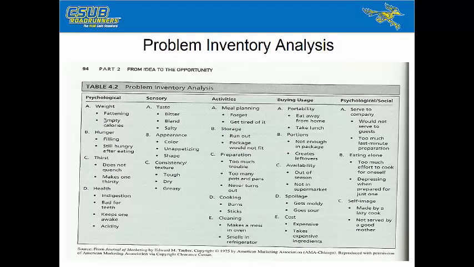So in the psychological area, one thing about food is that you gain weight. It can be fattening. It can have empty calories to it. These are things that are not as good as they could be about certain types of food. You could be hungry. Certain foods can be filling, or you can still be hungry after eating.